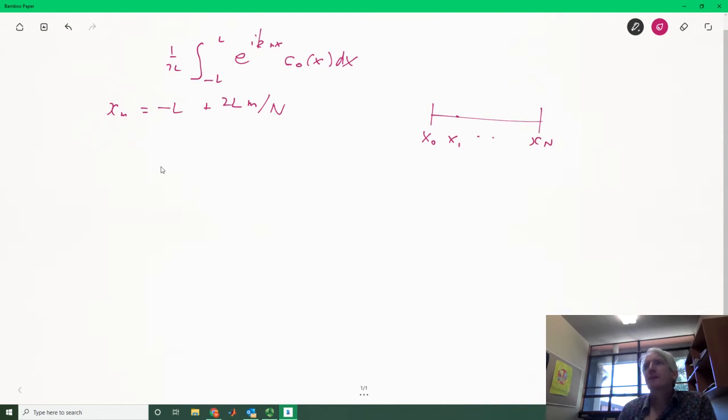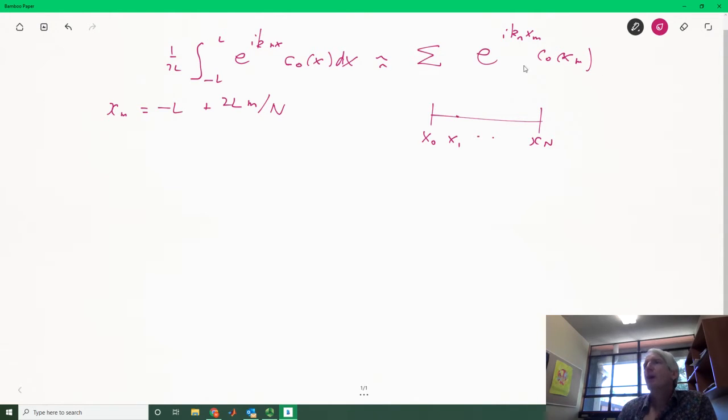Alright, so this integral here is going to be approximately the sum of e to the i k_n x_m times c_0 of x_m. So c_0 of x_m is a value of this function at a discrete set of points. So this is a vector, a sequence of points.